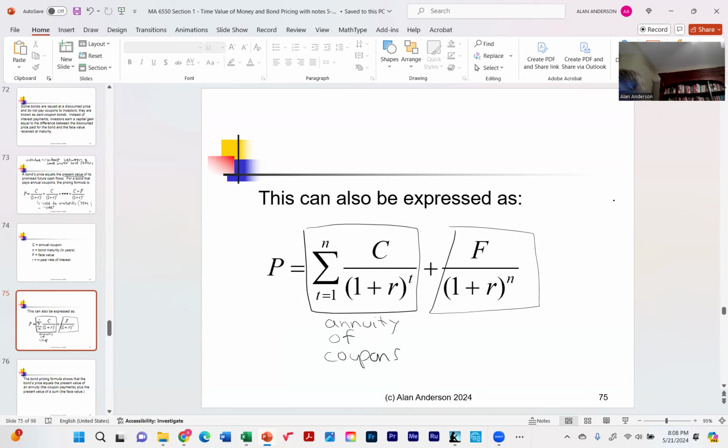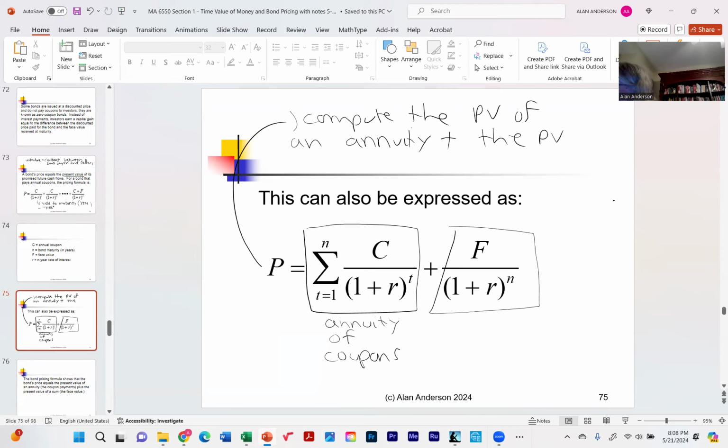It may be a semi-annual annuity, but it's still an annuity because every coupon is the same. So calculating the present value comes down to computing the present value of an annuity plus the present value of a sum. And there's your bond price.